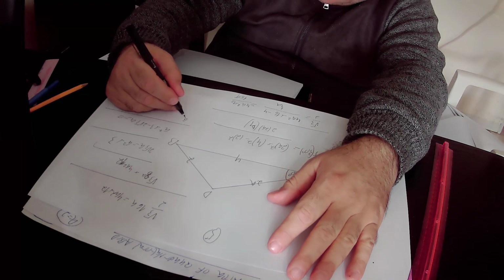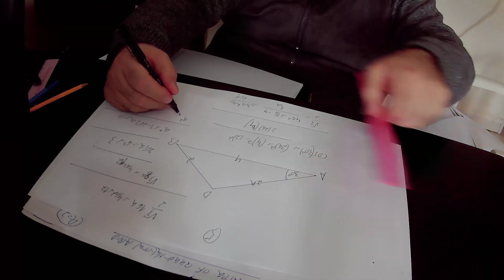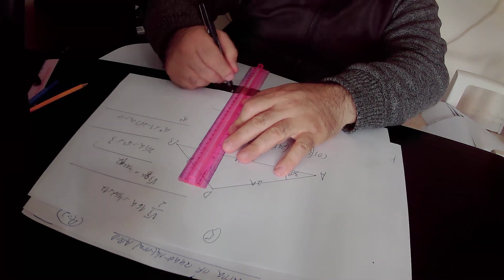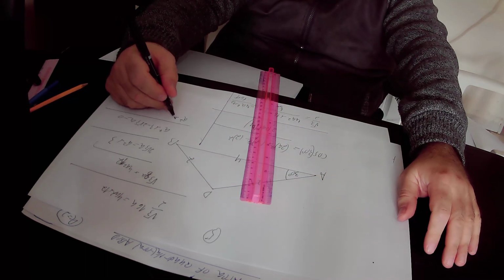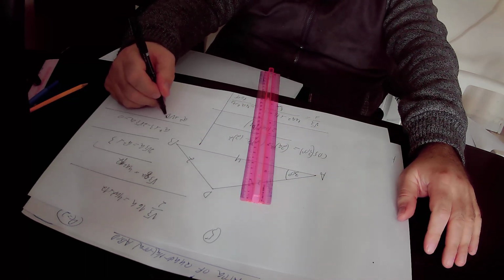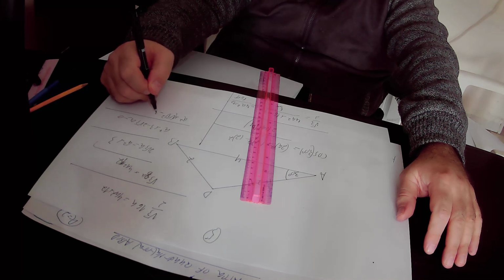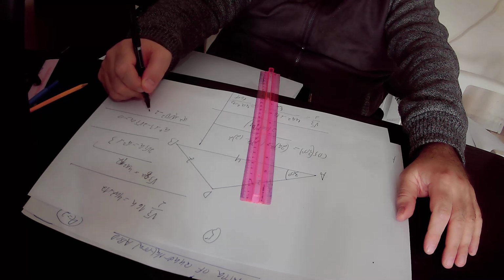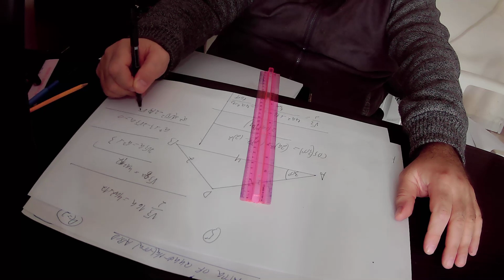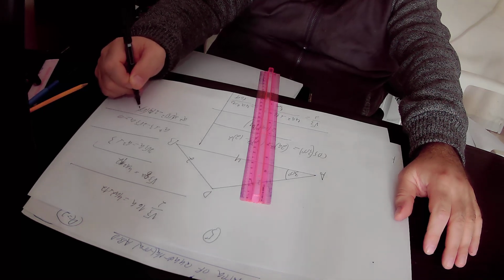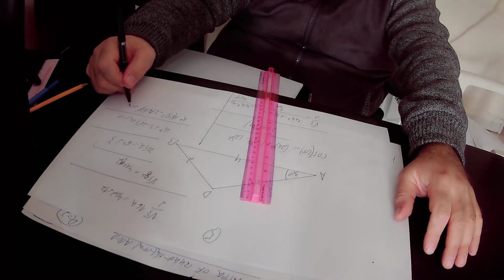Here we will substitute 3 by square root of 3 squared, because square root of 3 squared equals 3. We will get that a squared plus square root of 3 squared minus 2 times a times square root of 3 equals 0.